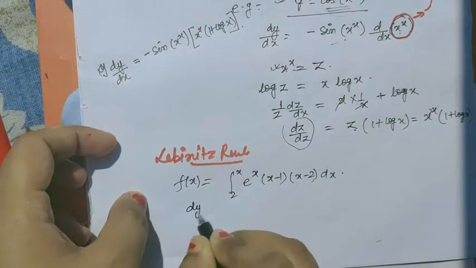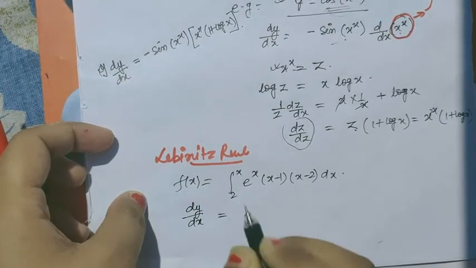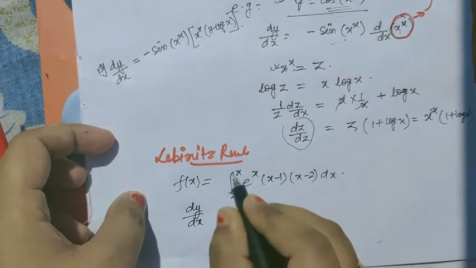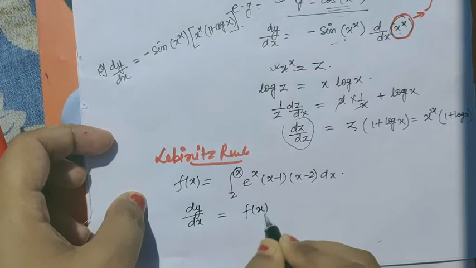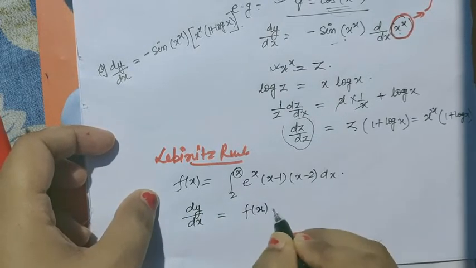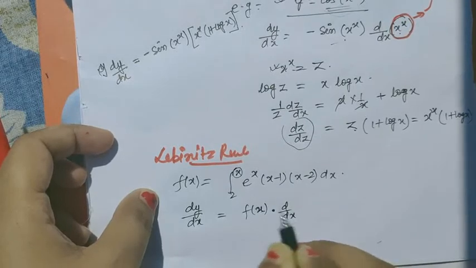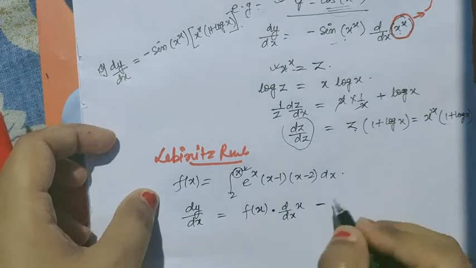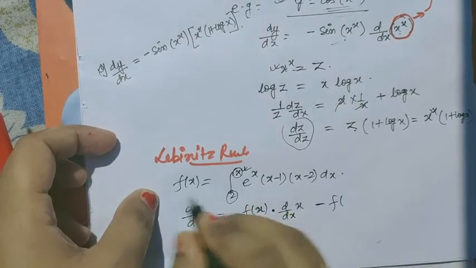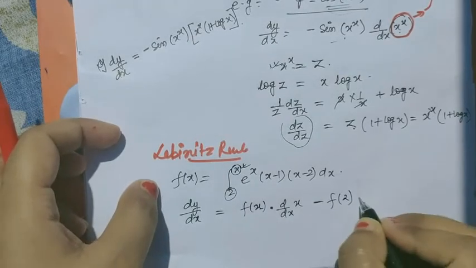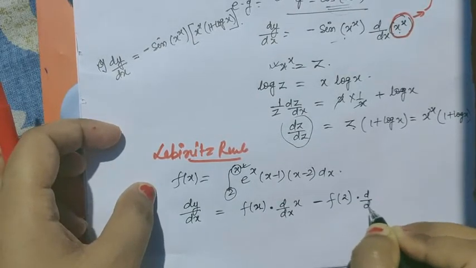We do nothing but dy by dx: we put the upper limit first here, that is fx, and differentiation of this upper limit with respect to x, minus, again we put the lower limit in the function and then differentiate it with respect to x.